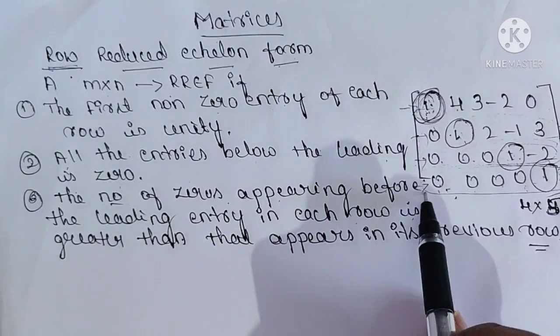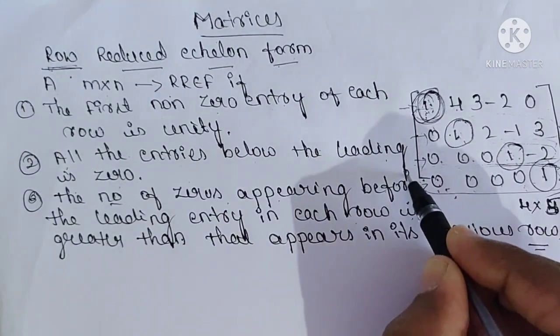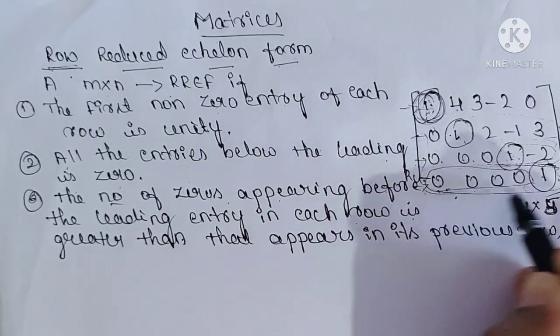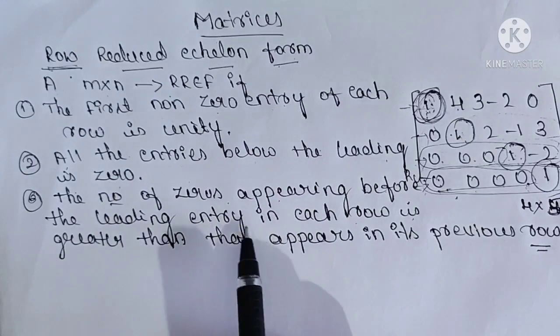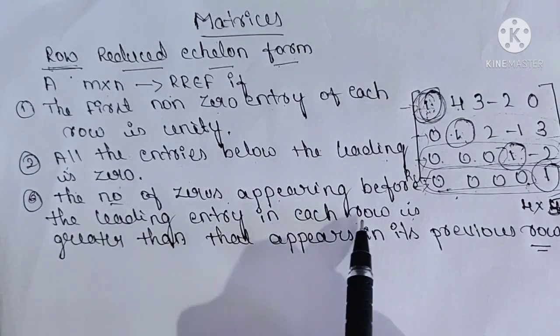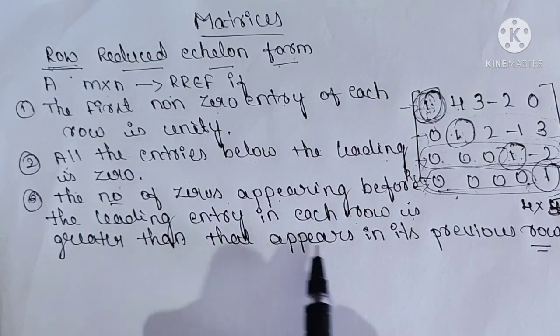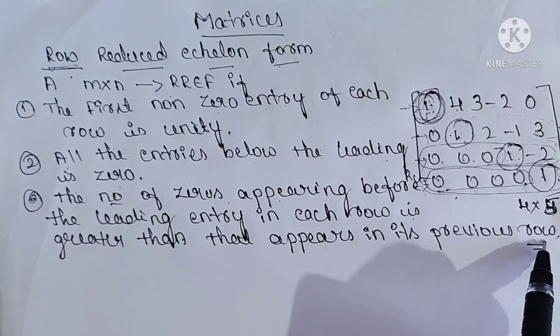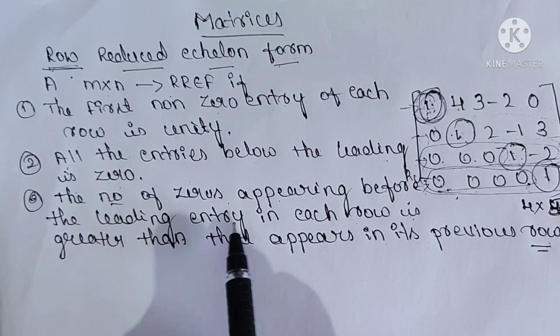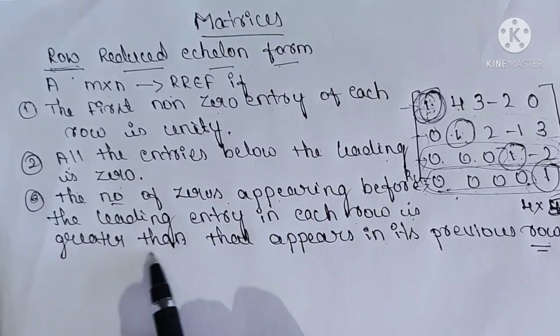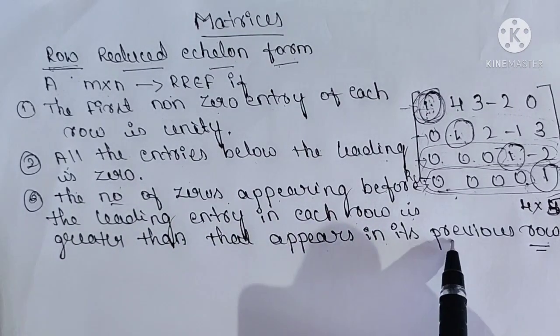You can observe here. See, in the fourth row there are 4 zeros. In the third row there are only 3 zeros. That is, the number of zeros before the leading entry in each row is greater than that in its previous row.